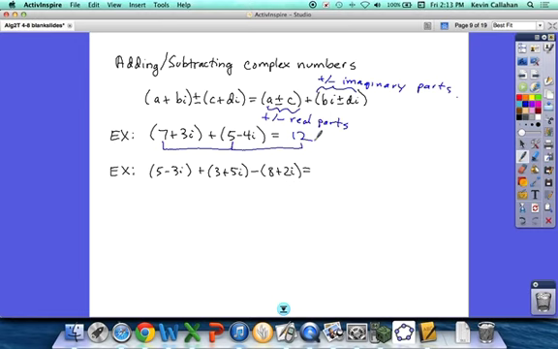Then you're going to add the imaginary parts. 3i plus negative 4i equals, it's kind of like adding like terms. You could think of the i like an x in this respect. We just add the coefficients, 3 minus 4, minus i.